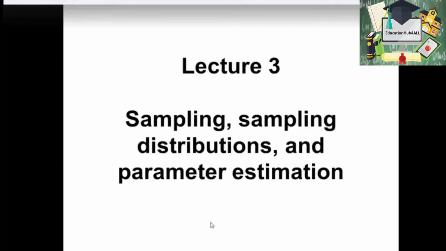For example, you have this box and you don't know how many white and black samples you have. You check a maximum of 30 numbers, and you do 2 or 3 replications. For example, the first time you get maximum white, the second time maximum black, and the third time one of them. Then what can you predict, whether the ratio in the box is 1 to 1 or 3 to 1? How do you predict?